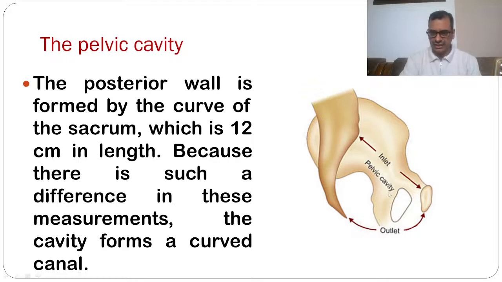Inlet, pelvic cavity and outlet. The posterior portion is about 12 centimeters in length. Because of this difference in measurements, this one is longer and this one is smaller, so the pelvic cavity becomes a curved structure.